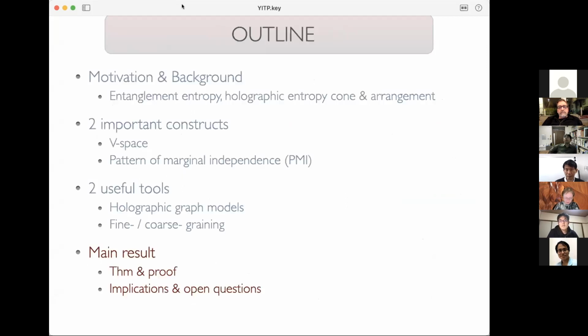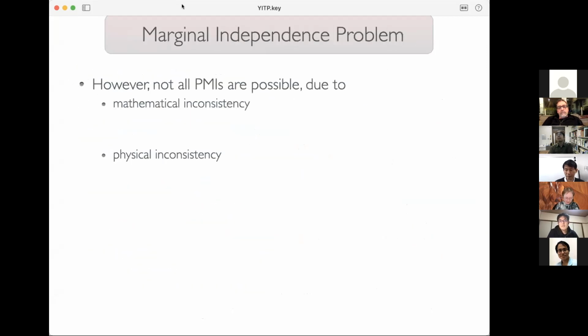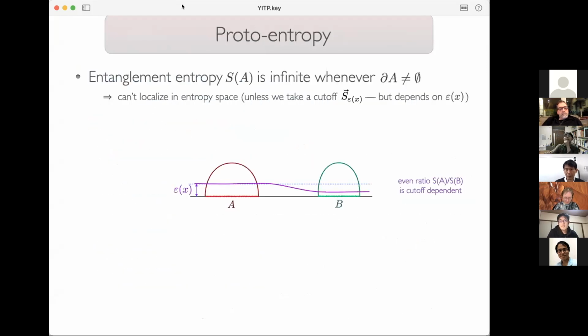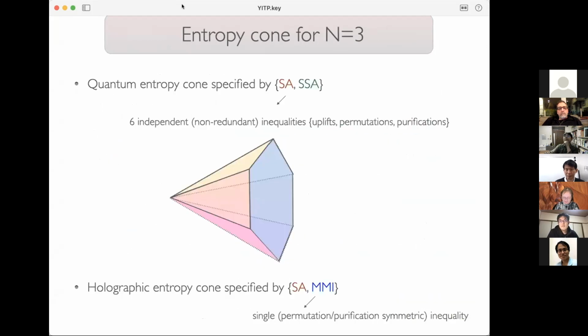Right, so let me go back to some picture of this. What they're considering is a subspace of the entropy space.